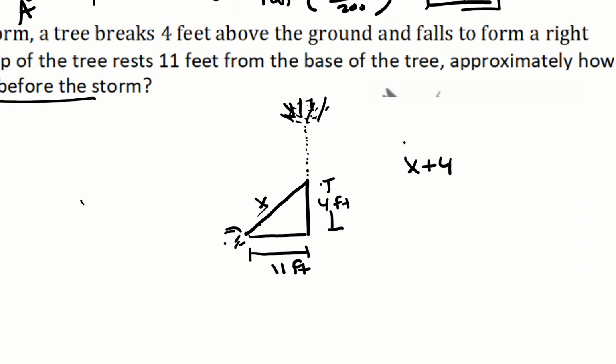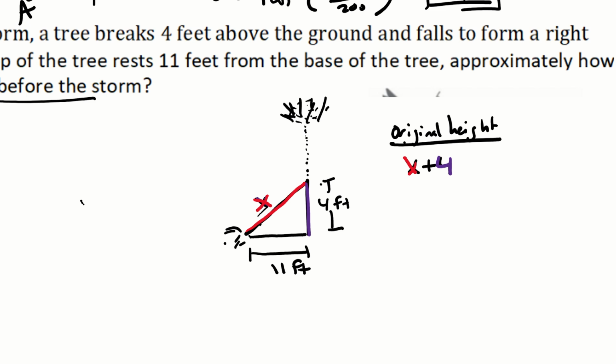So let me do this in red. We'll call this x. So let's see if we can find x. And then x plus 4, that's going to give us what we want, right? That's going to be the original height, x plus 4.